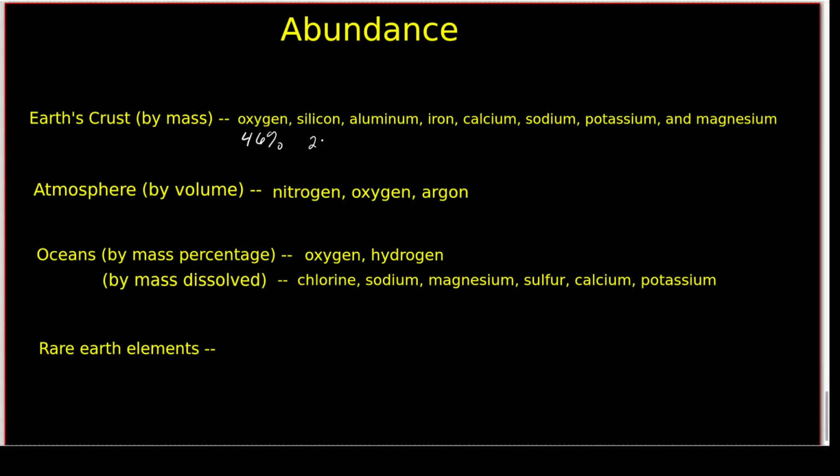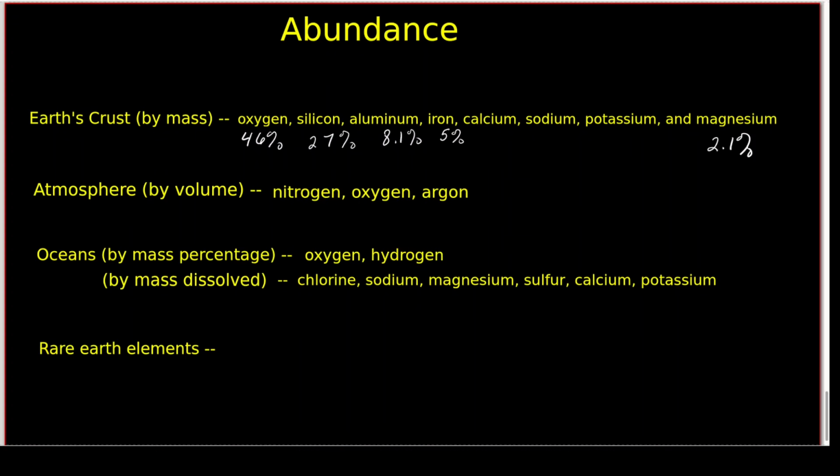Silicon's about 27-28%. Aluminum, about 8.1%. Iron, around 5%. So on and so forth, decreasing down to magnesium, which is about 2.1%.